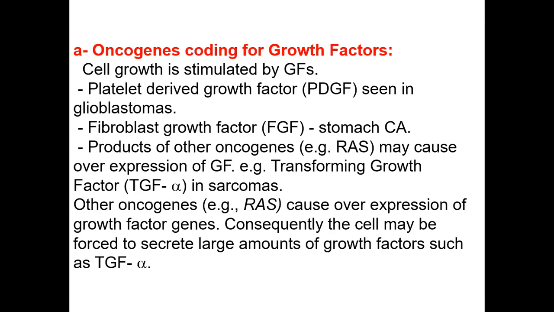Other oncogene like RAS cause overexpression of growth factor gene. Consequently, the cell may be forced to secrete large amounts of growth factors such as the transforming growth factor alpha.